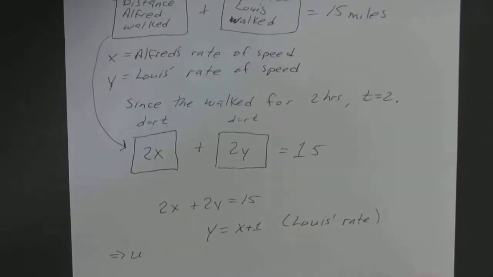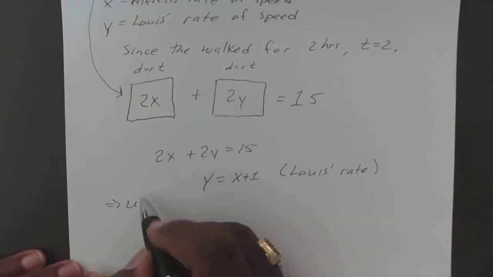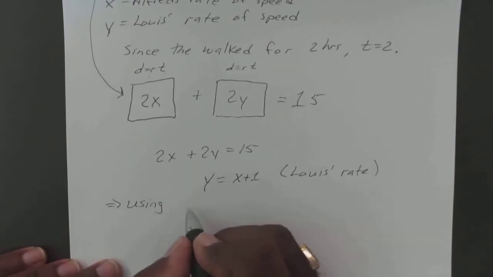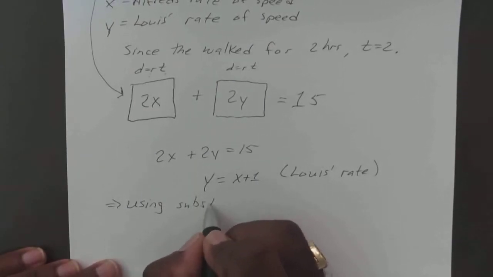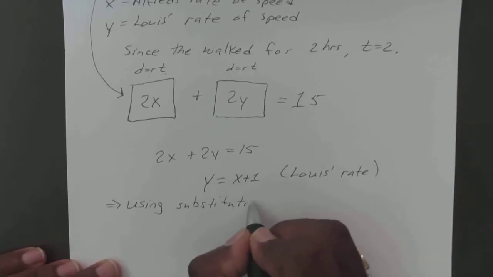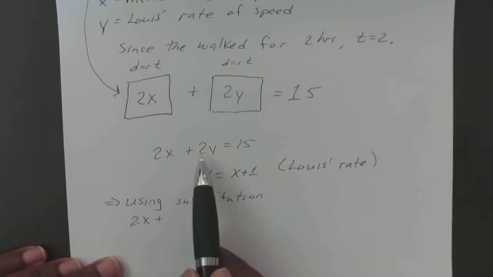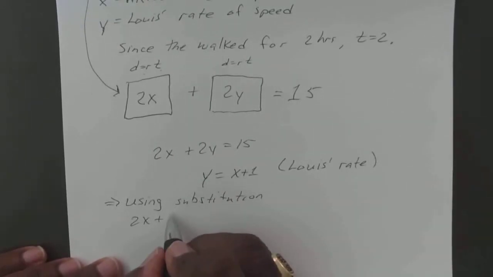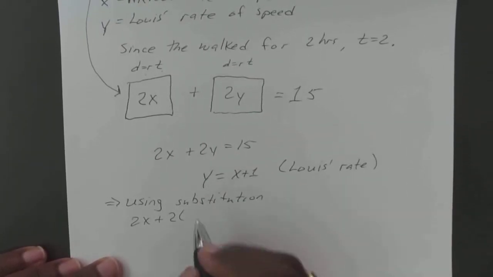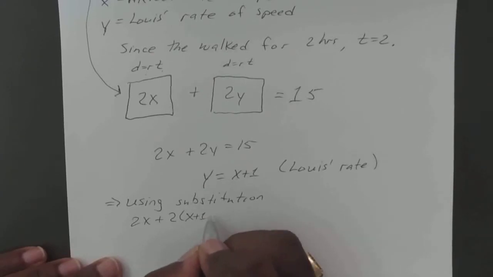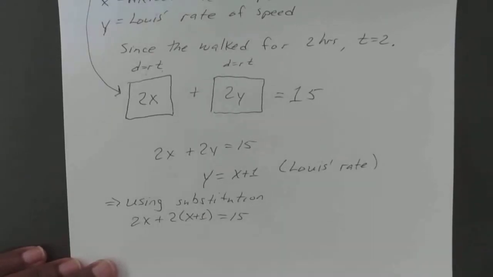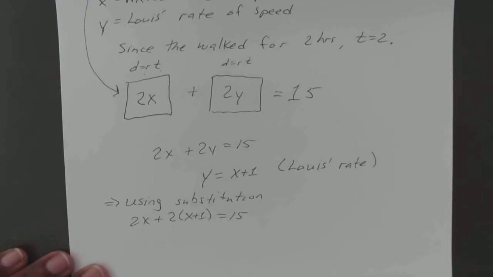Using substitution, we have 2x plus, instead of 2y, we'll have 2 times x plus 1 equals 15. Okay. So now all we have to do is just get rid of our parentheses, solve for x, and then plug that back in to solve for y.